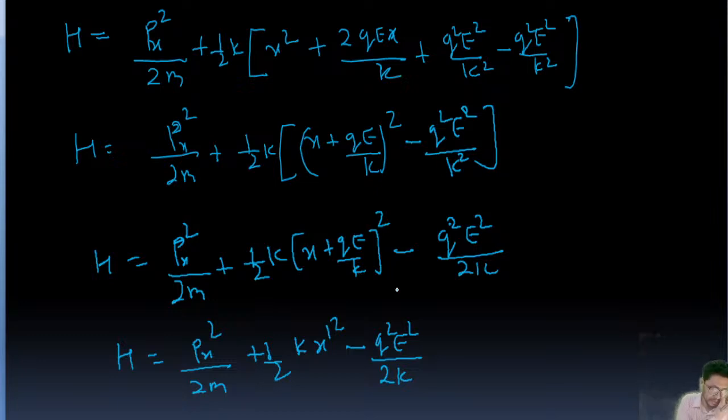This is the value of H, the Hamiltonian after perturbation.